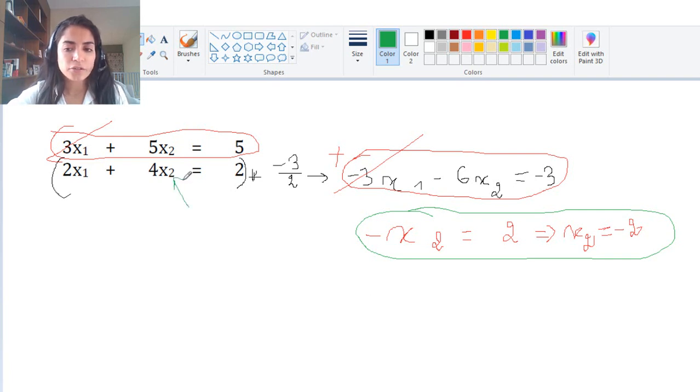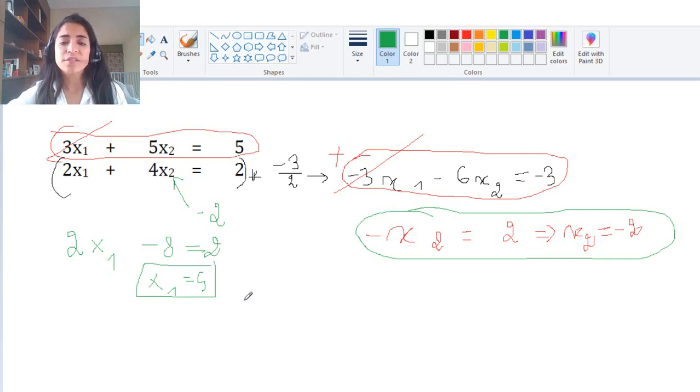So if this is minus 2, I'm gonna have 2x1 minus 8 is equal to 2, which means 2x1 is equal to 10, and this means that x1 is equal to 5. So basically, this is my second unknown. So this is how you can solve it by hand.